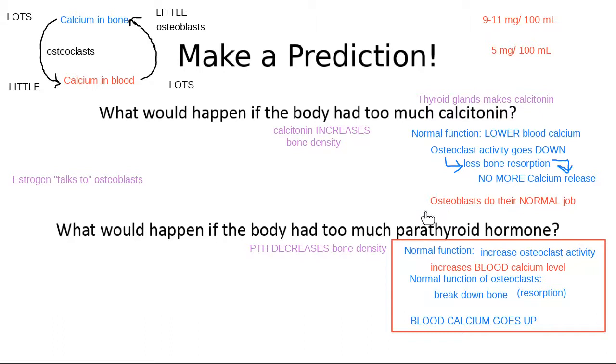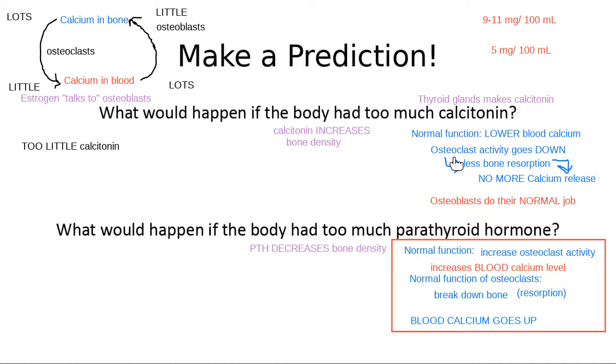You did ask a good question, though. I asked you about having too much of these things. We could, and maybe should, talk about if we have too little of these things. So let's put a note over here: too little calcitonin. If I have too little calcitonin, if I don't send this message anymore, I'm never slowing down my osteoclasts.